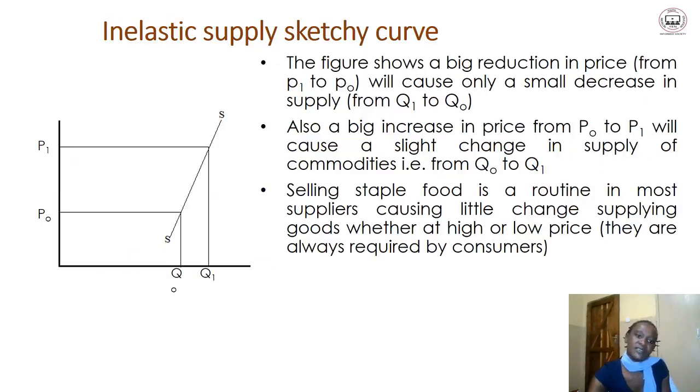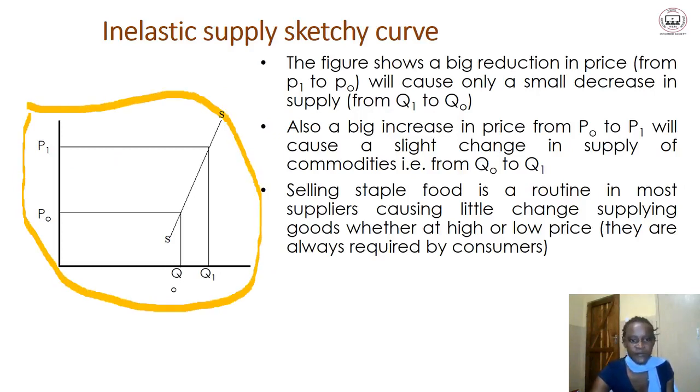So this is a diagram also showing an inelastic supply sketch curve. There is a wide gap in price here, showing a big increase or a big reduction in price, but causing a slight change. There's a small gap between original quantity and new quantity here.